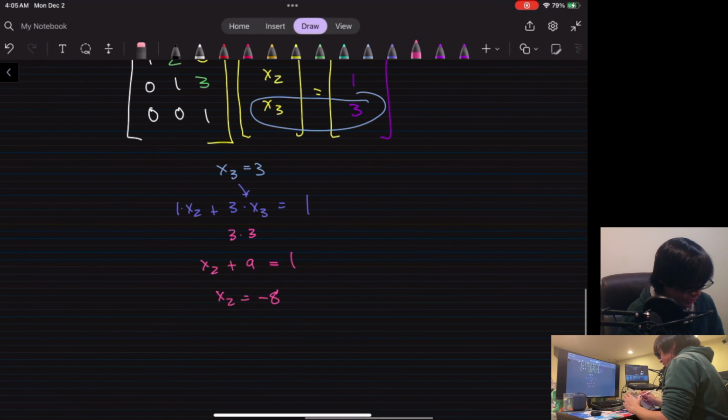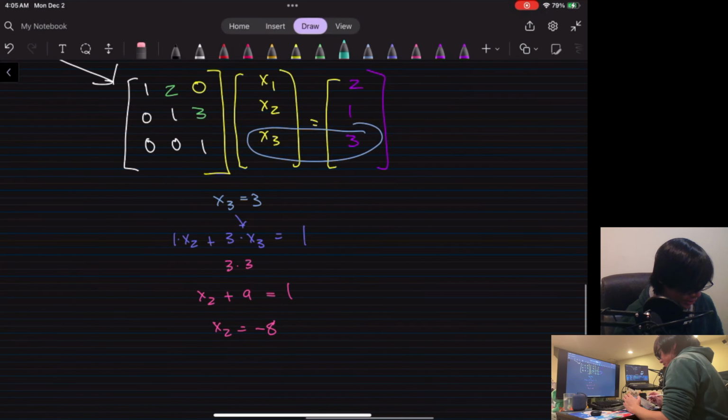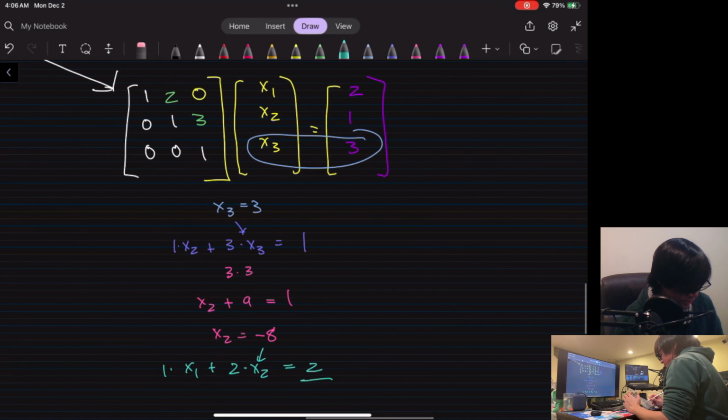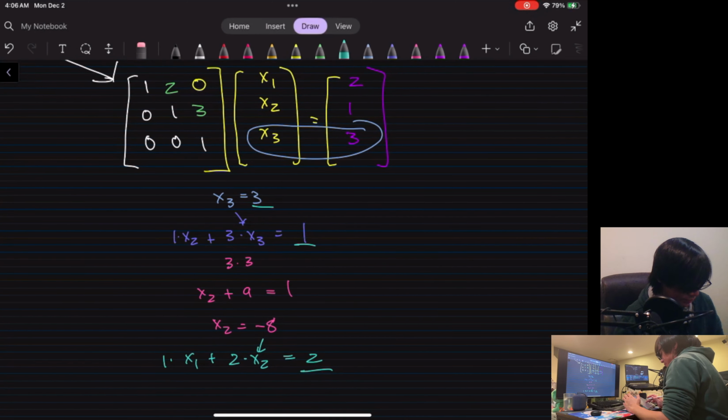For the final row, you have, let's see, x1 times 1 plus 2 times x2, where you know x2 is negative 8, equal to 2, right? Just double checking here. 1 x2, 3 x3, 9, 1 minus 9 is negative 8, okay.